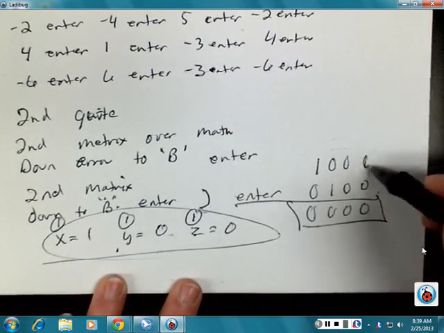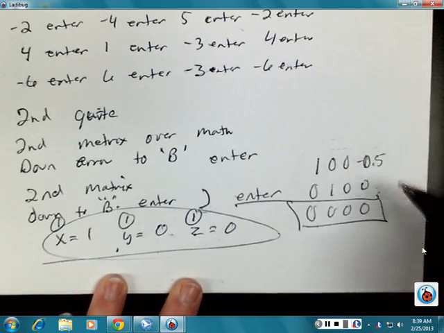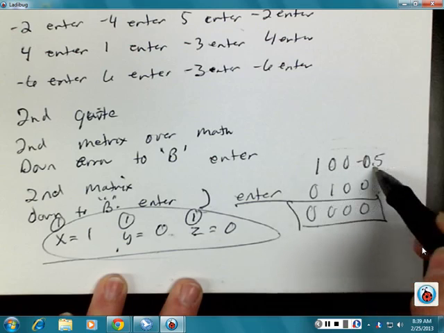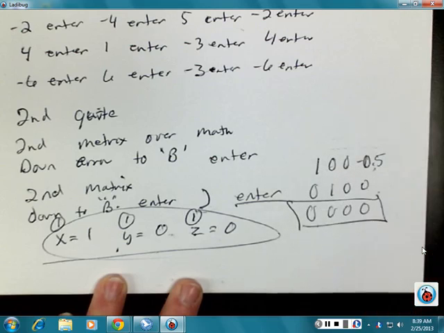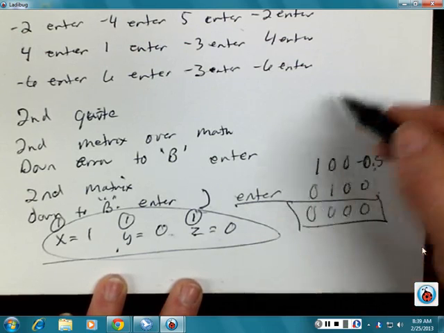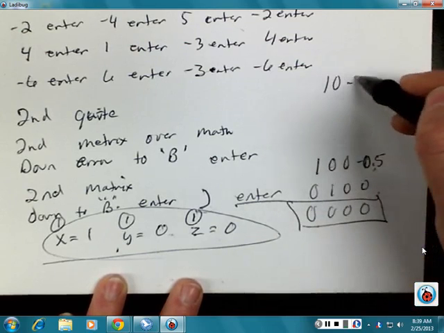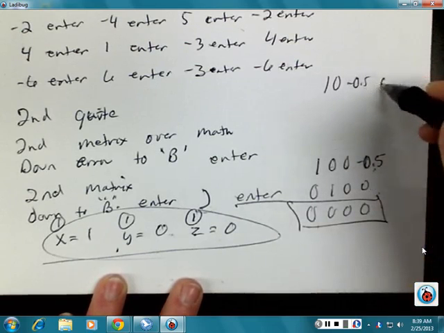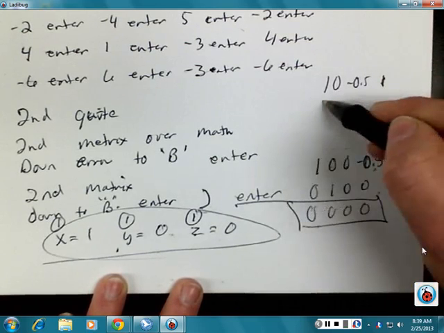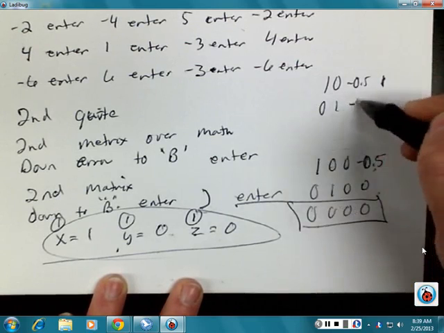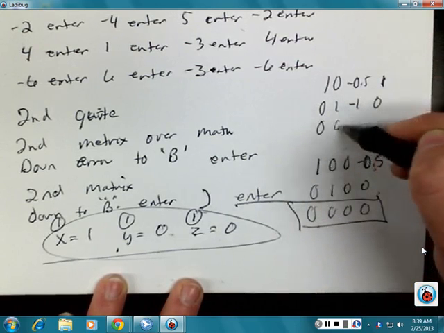The top one. 1, 0, 1, 0, negative 0.5, and 1. So 1, 0, negative 0.5, and 1. And then it's 0, 1, negative 1, and 0. And then it's 0, 0, 0, 0.